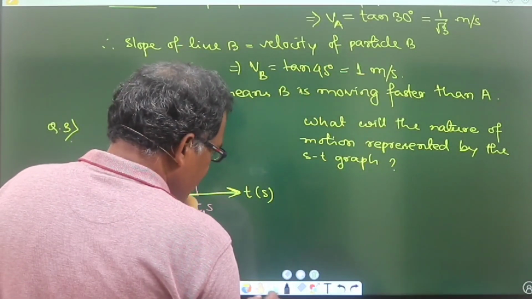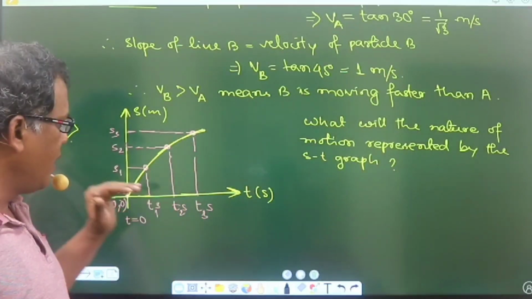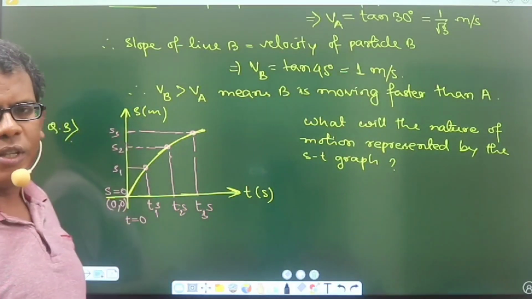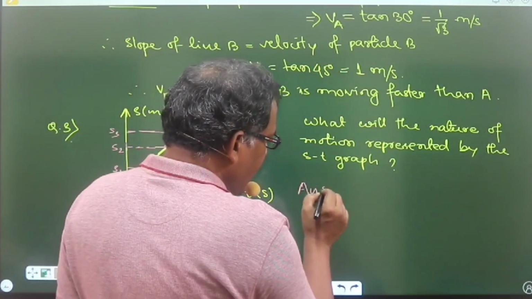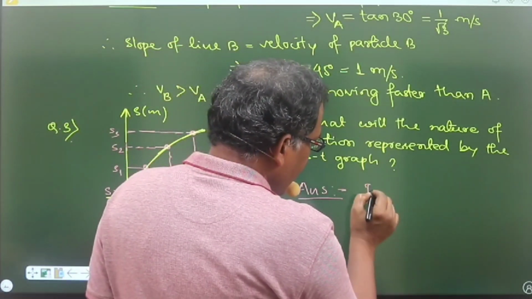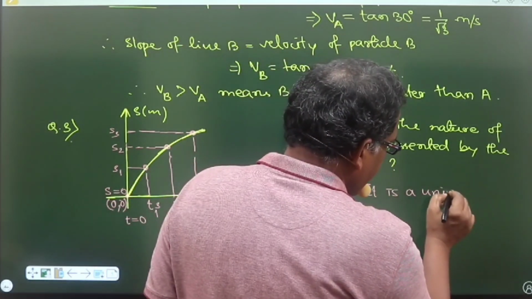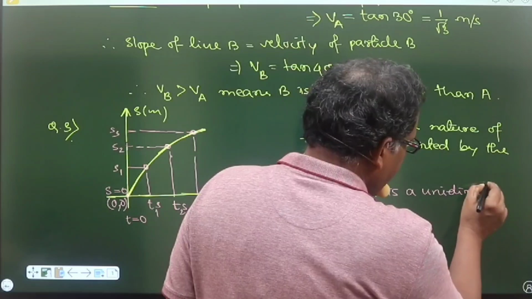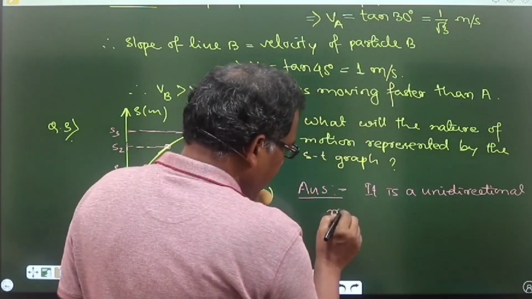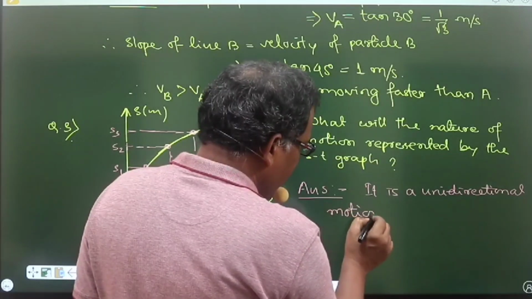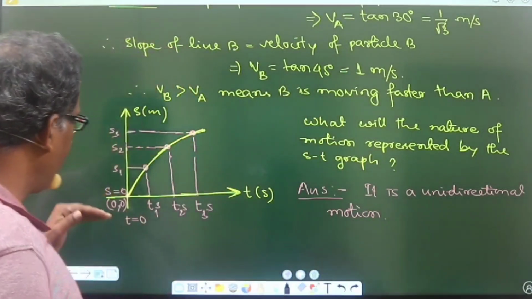So we can say, as the time measured increases, the position is increasing, so the first statement we can make is that it is a unidirectional motion. That means the body is moving in one direction only, and that is the reason why along the motion direction the displacement measured is continuously increasing.